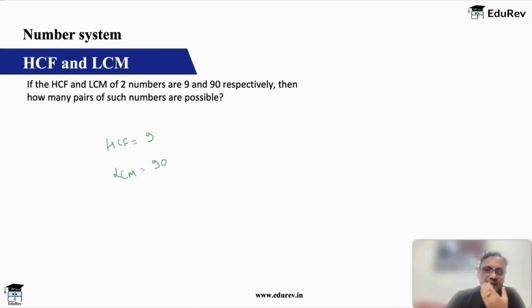So when the HCF is 9, let's say the numbers are A and B. I can say the first number is 9x and the second number is 9y. So their HCF is going to be 9 and their LCM is going to be 9xy, which is given to me as 90.